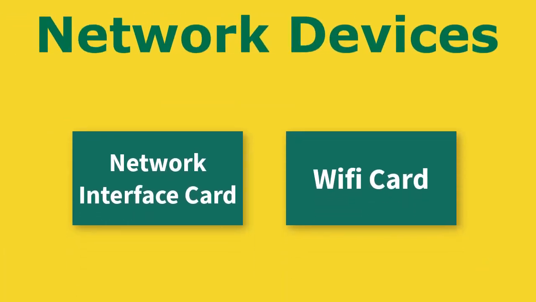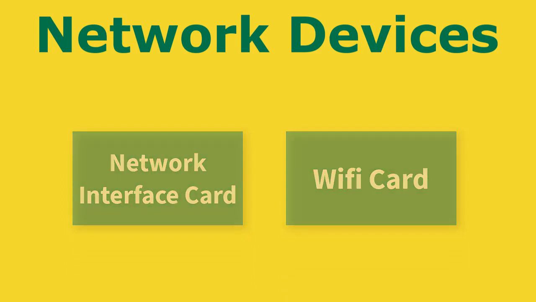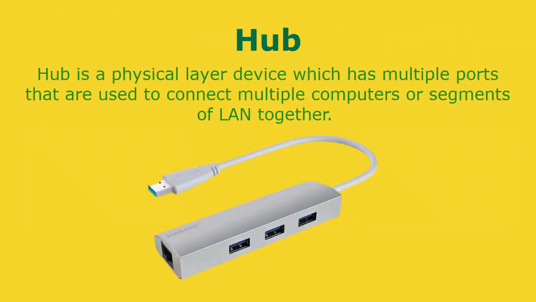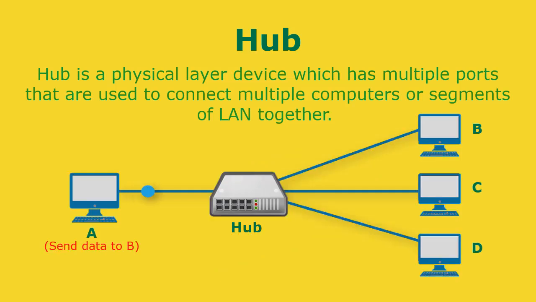So with a NIC or Wi-Fi card, your device is ready to talk to other devices. Now you need either a hub, switch, or router to connect to other computers. A hub is a physical layer device which has multiple ports that are used to connect multiple computers or segments of a LAN together. The data is transferred in packets to the entire computer network.